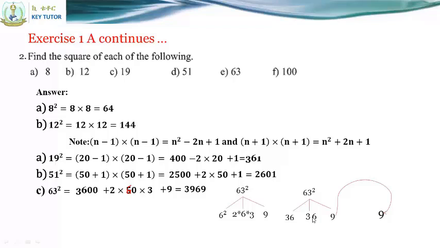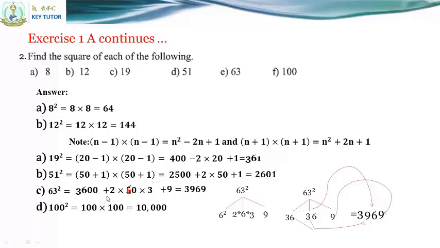From it you take 6, then take 3 as a carry and add it onto 36, which becomes 39. So altogether 3969.